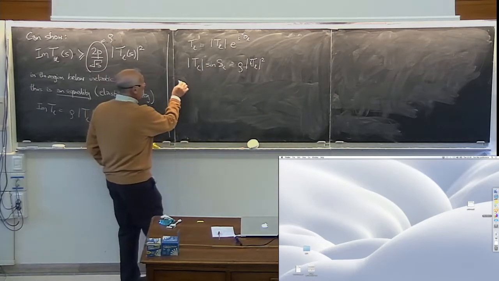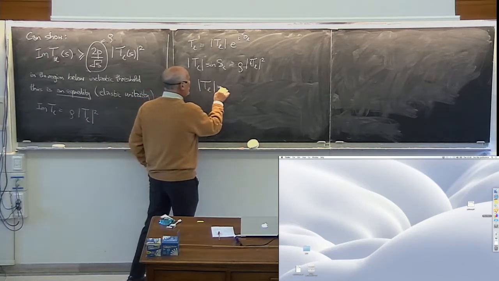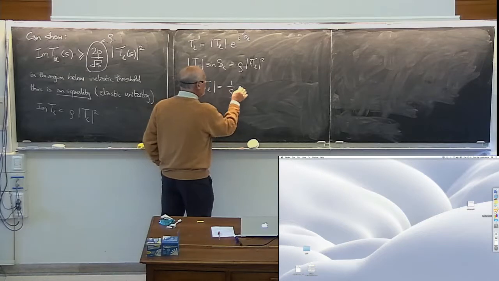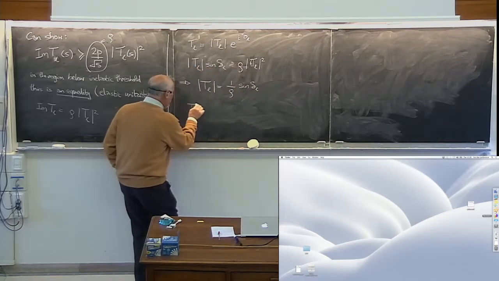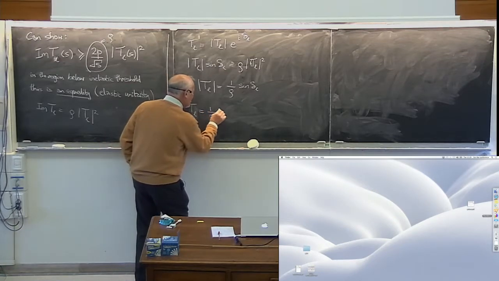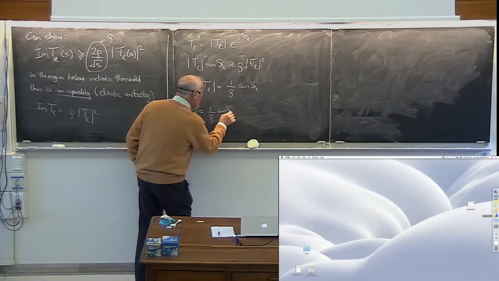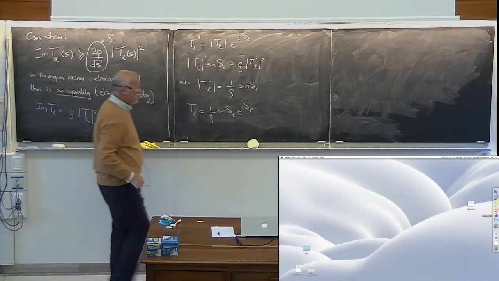And so that tells you that the modulus of T_L is equal to 1 over rho times sine delta_L. And I'm sure you've met before that elastic unitarity says that the phase and the modulus of the amplitudes are related.